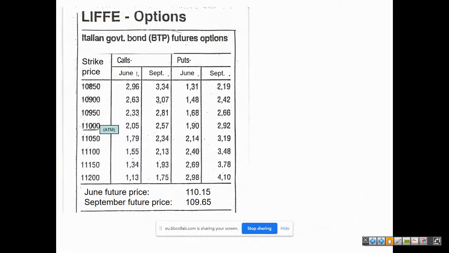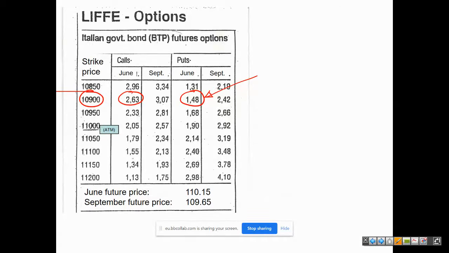We were starting from the 109 call option with a premium of 263, and the corresponding put option is worth exactly 148.